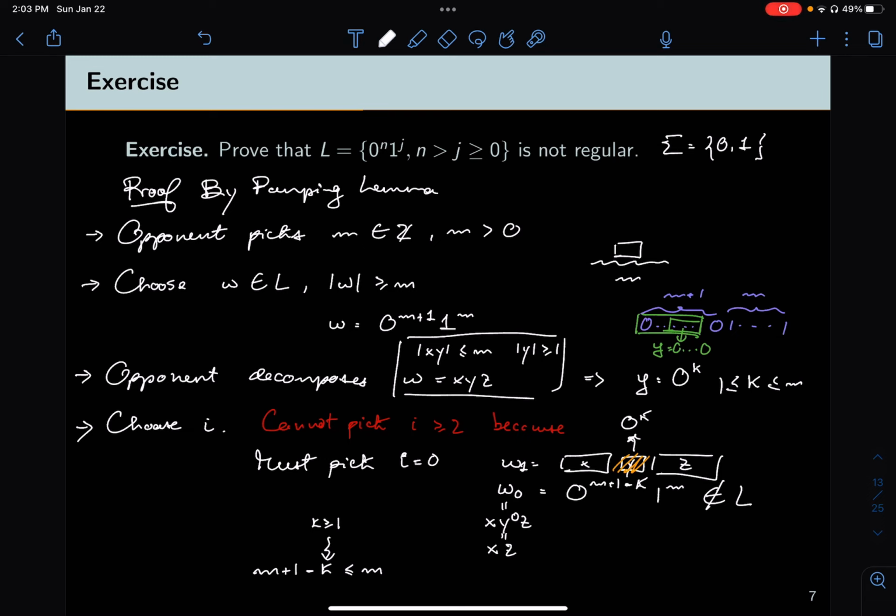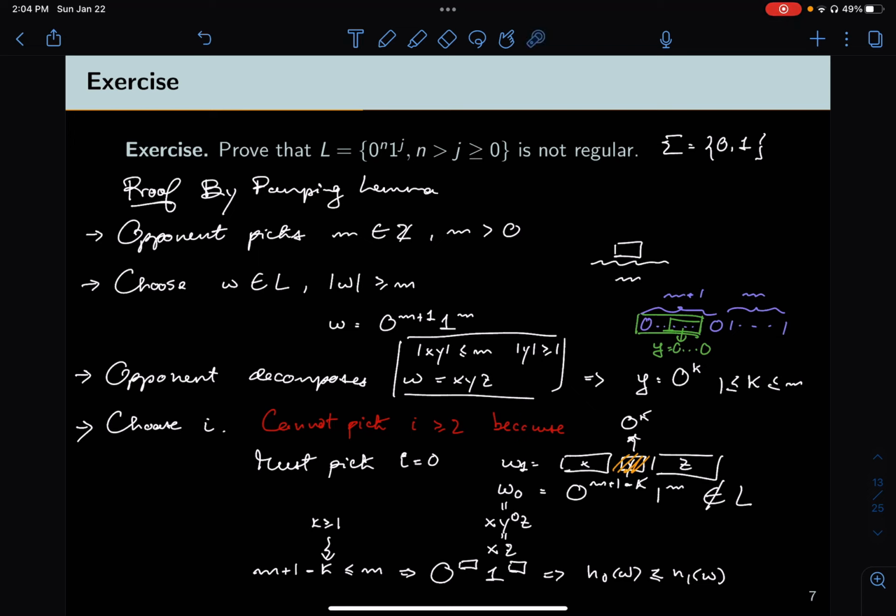But here we see that for any k, because we know that k is at least 1, that's never going to happen. We know that m plus 1 minus k is going to be at most m. And so that means you'll have 0s something, 1s something, and the number of zeros in w is going to be at most the number of ones in w.